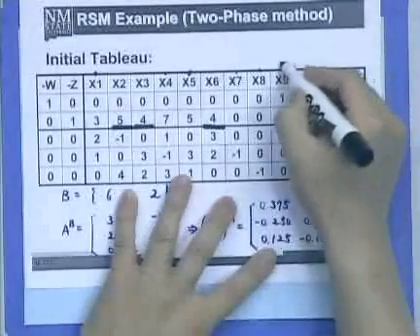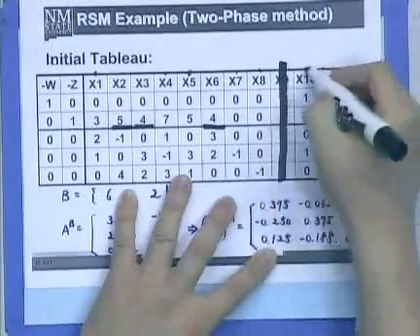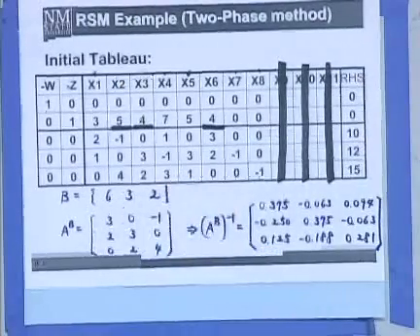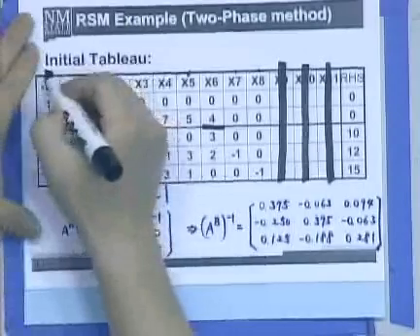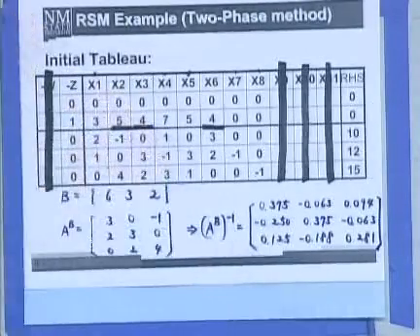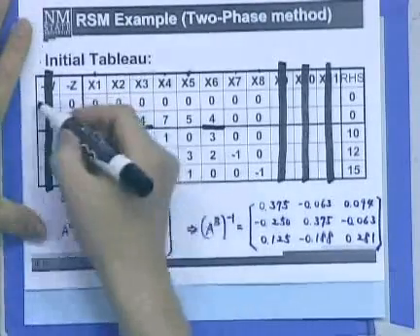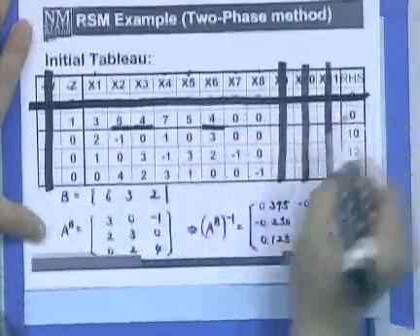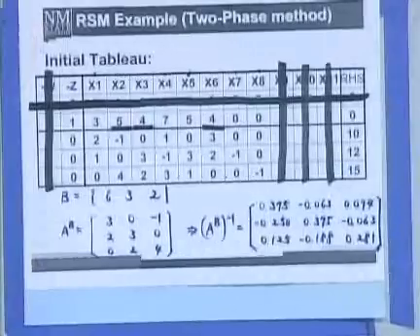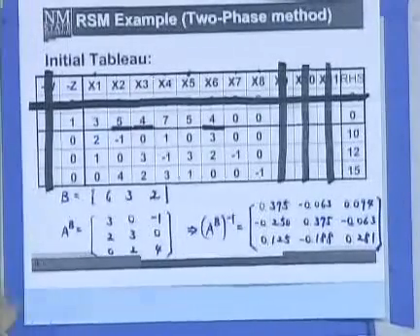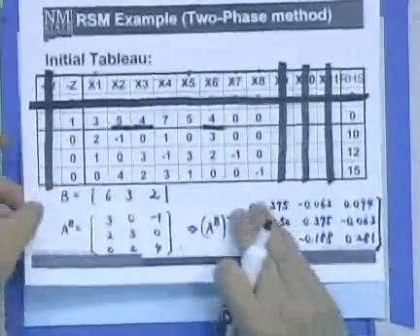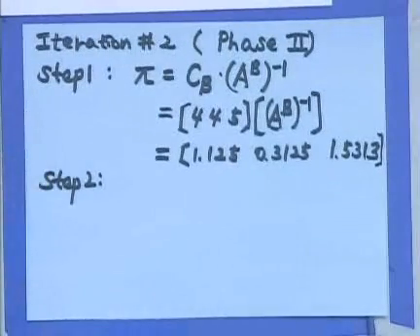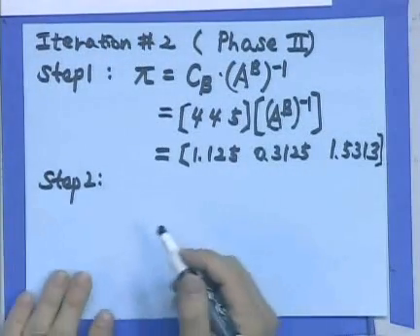And because x9, 10, 11 are the artificial variables, and W is the phase 1 objective function, we should eliminate all of these, right? For the efficiency of the computation.